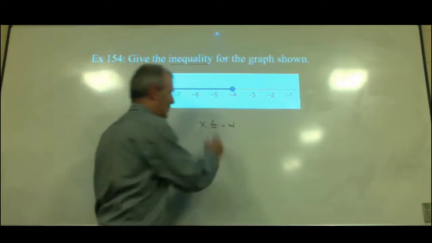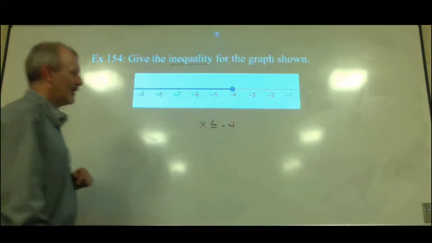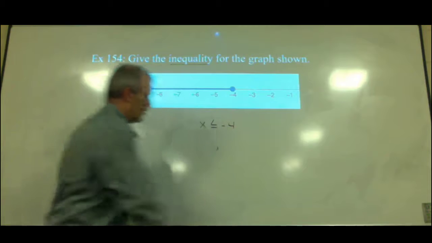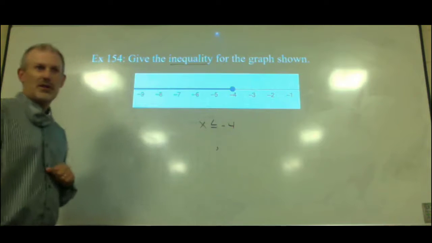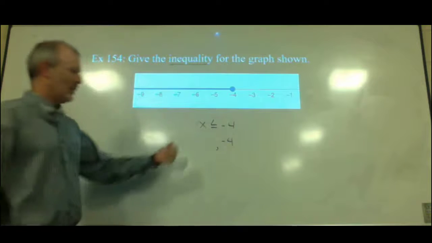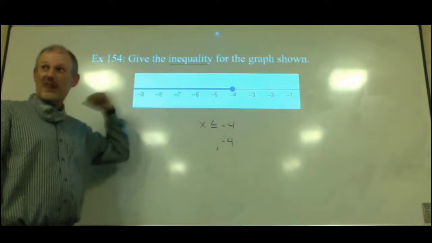Correct. So filled in circle, or equal to. Then, when we write interval notation, the -4 goes where? On the right, because it's the upper boundary this time. And then what goes on the left? The infinity, because it goes forever, right?